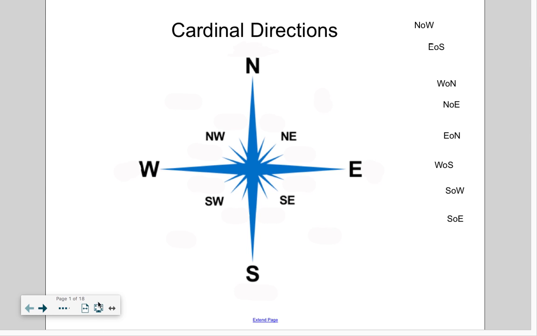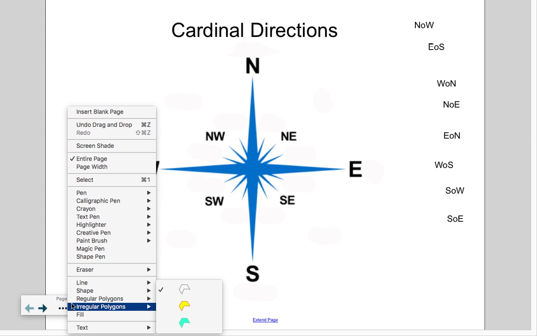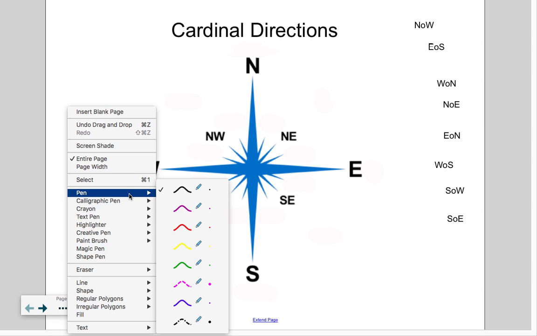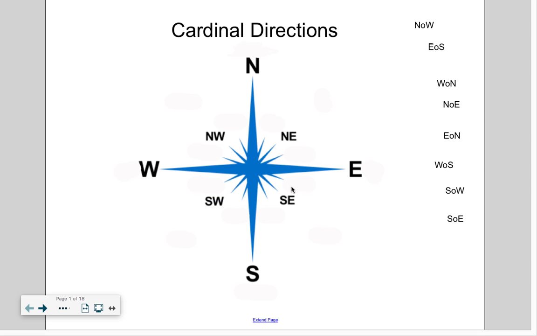Alright, so if I was to grab a pen, let's go with the purple. Okay, so if I have the purple pen here, and I was to look for this one right here, then I know that first of all I have to go over in the eastward direction and then up in the northward direction in order to create that angle.